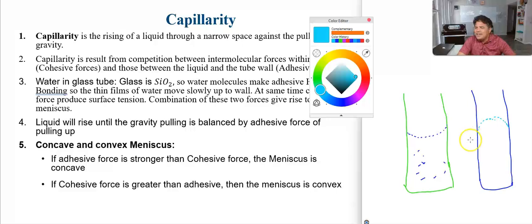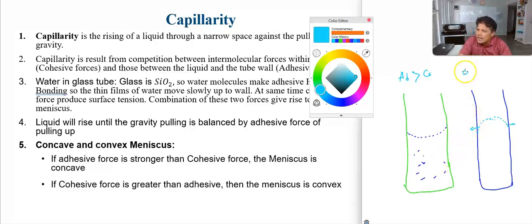Because in this case what is happening, you don't have the molecule here, that's why here adhesive is greater than cohesive. In this case mercury is heavy, right, a heavy metal. So the metallic attraction can overcome, it is much larger than the glass-mercury attraction, right?